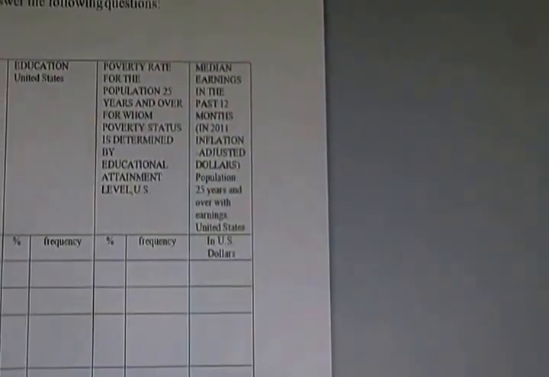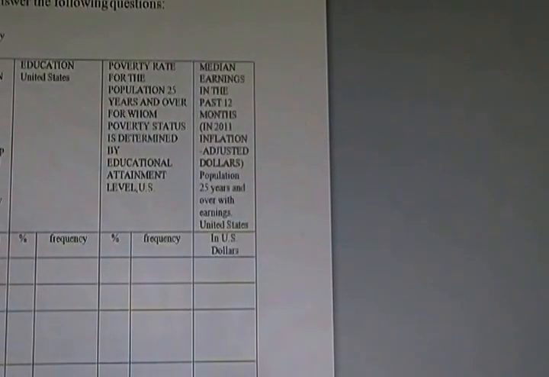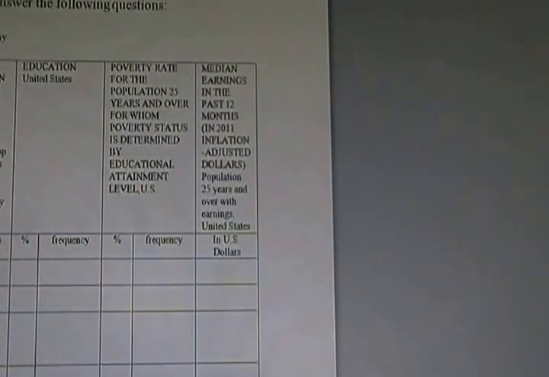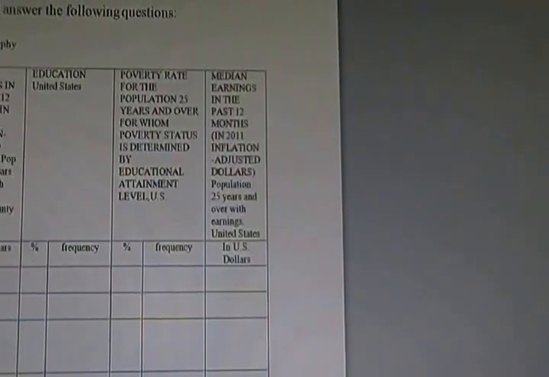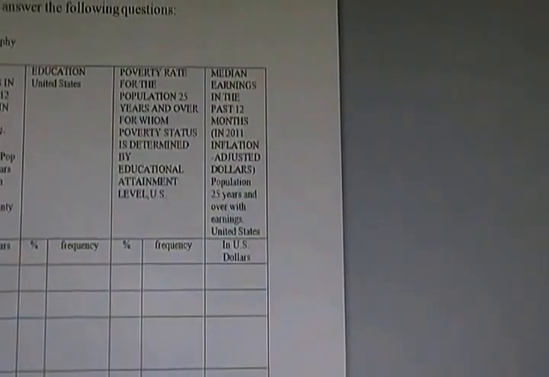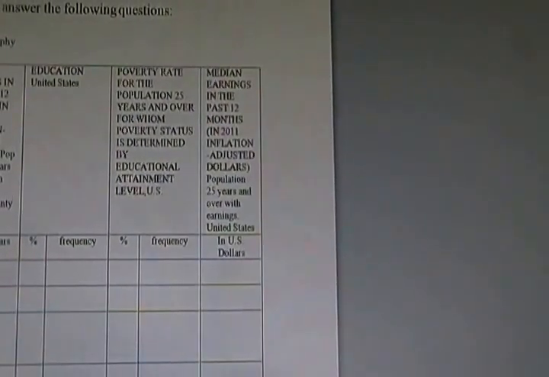And for the frequency, I go 201,739,498. I think that was it. I go back and double check. It was 208, so I need to go back out, make a correction there. Okay. And that, of course, is going to be the poverty rate by education, right? So I'm going to go over there and copy that and paste there.